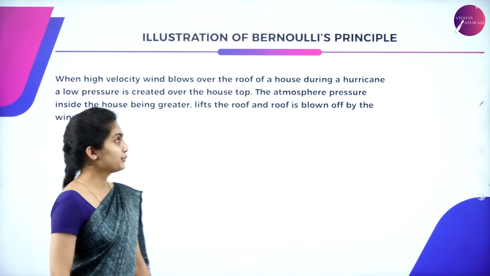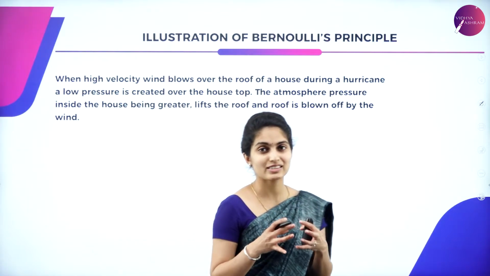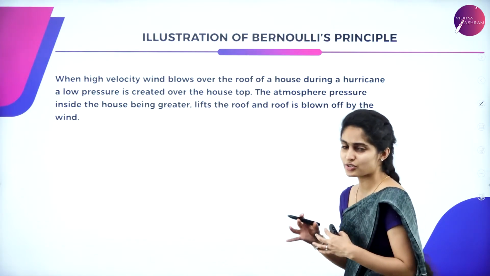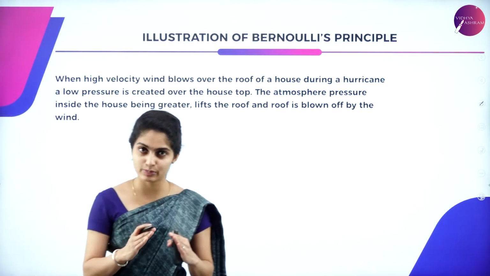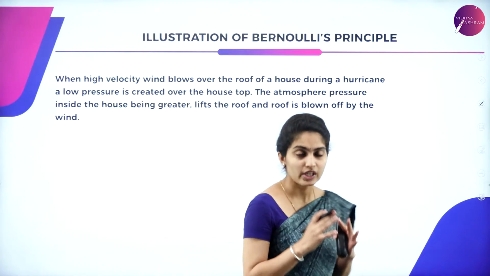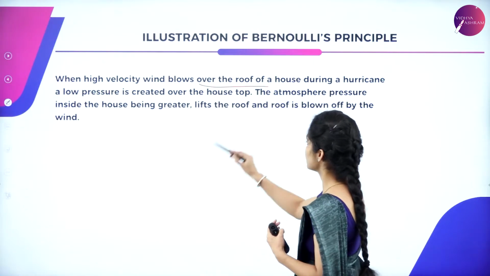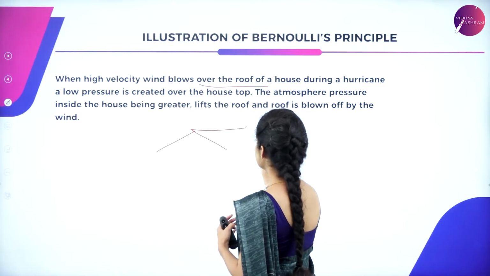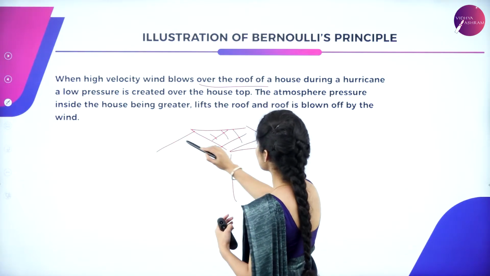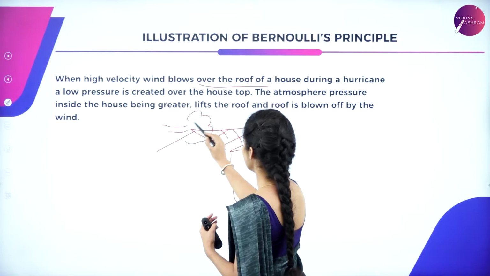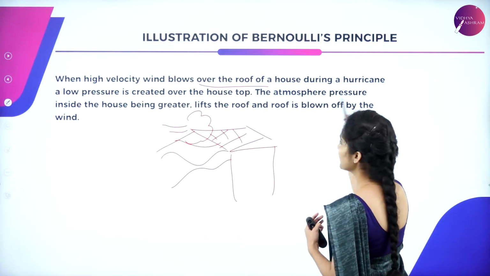Now moving to an illustration of Bernoulli's principle, just to know what it means, here is a small illustration. Suppose there is a house with a roof, and a high velocity wind blows over the roof, as in a hurricane.